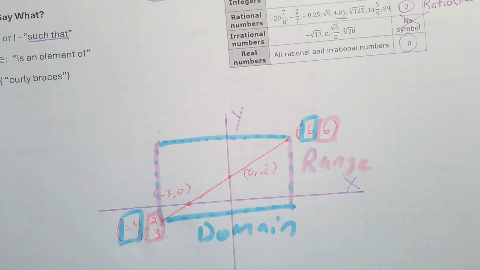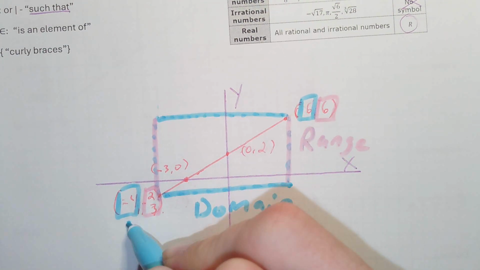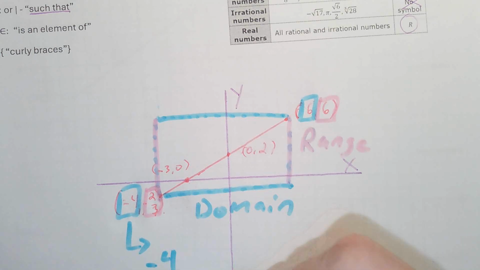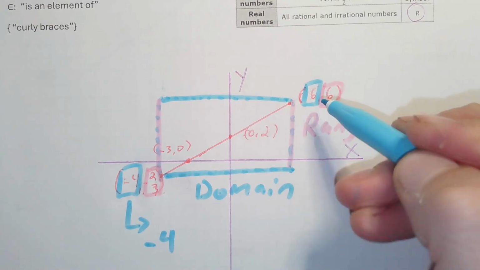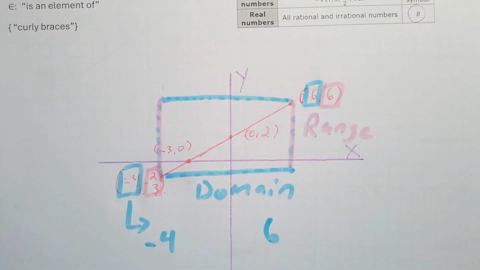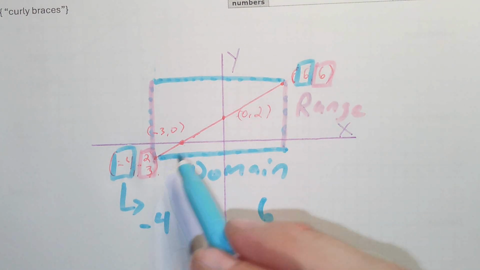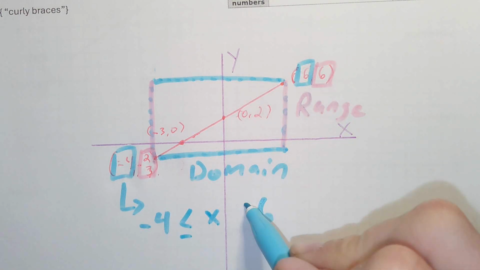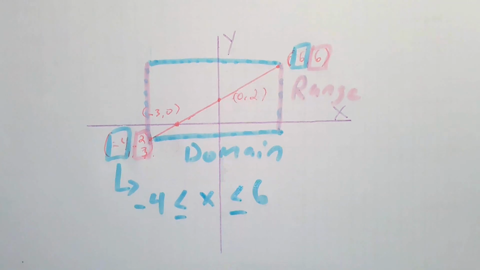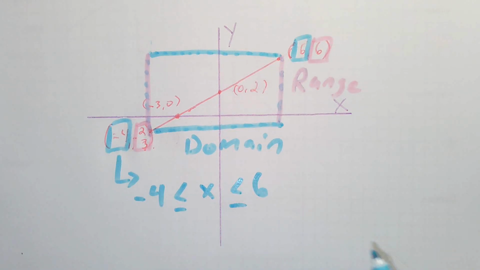So to write this in layman's terms, my minimum is -4 for my domain, and my maximum is 6. So my x has to be between, or including, -4 and 6.